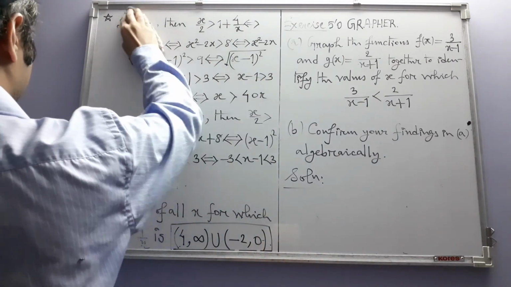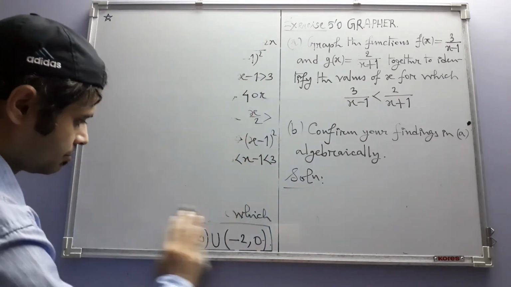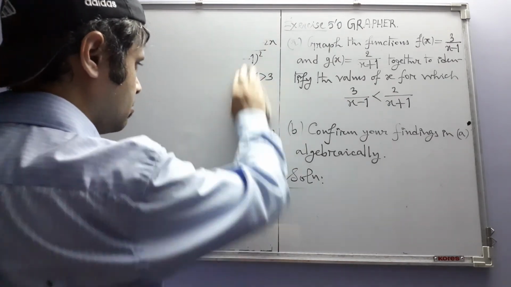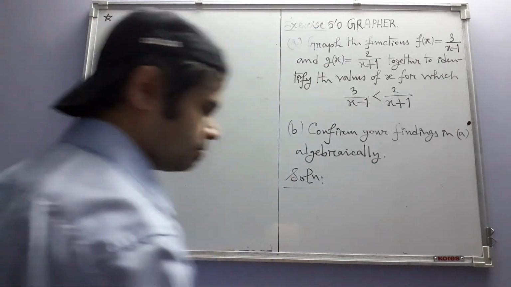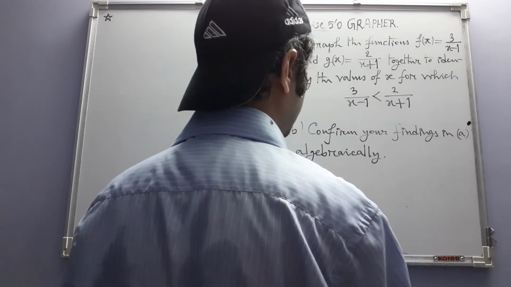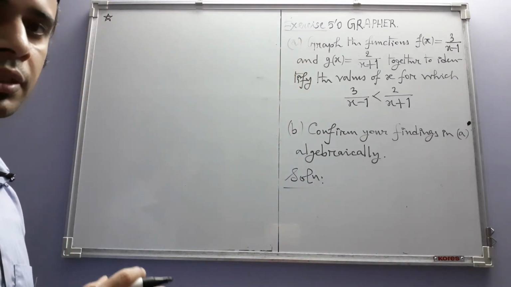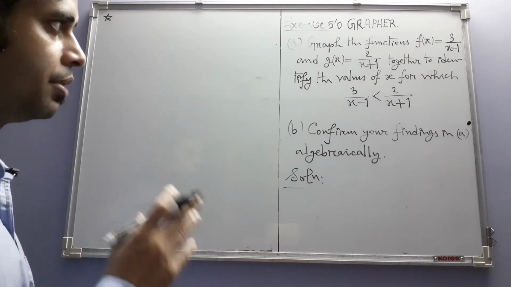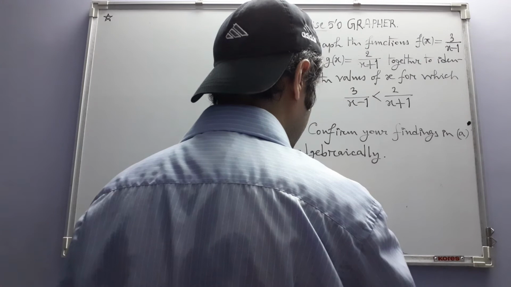But what about algebraically? So here also, depending on where x is lying on the real line, we will have cases. So this is case 1.